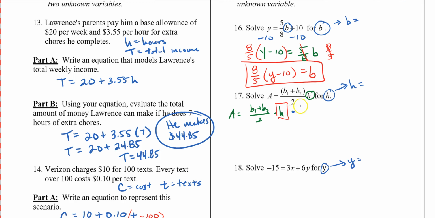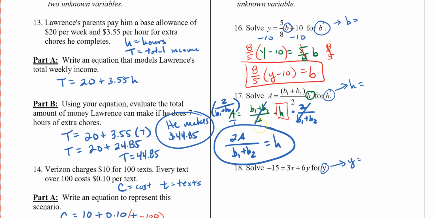We multiply by the reciprocal, 2 over b1 plus b2. These cancel out, and we're left with 2 times a, because remember that's going to be a over 1, so it's 2a over b1 plus b2 equals h. We're all done.